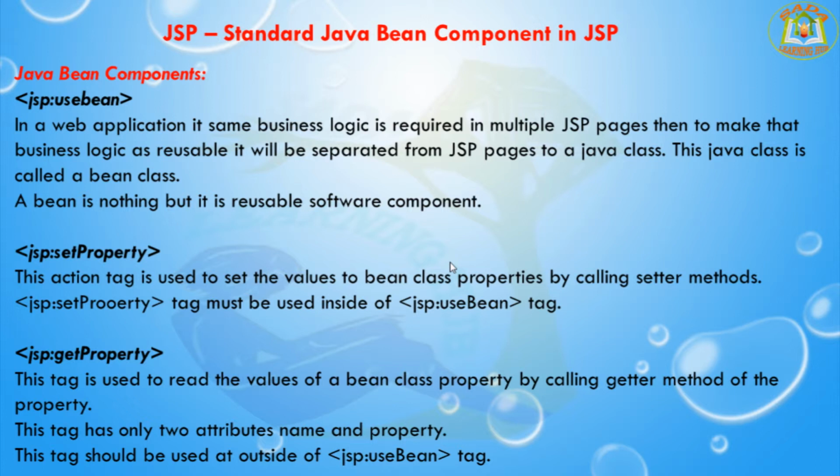See here, finally, regarding the Java Bean components, there are three standard actions. Those are jsp:useBean, which is used to create a Java Bean object; jsp:setProperty, which is used to set the values into the Java Bean and must be used within the jsp:useBean tag; and the final tag, jsp:getProperty, which is used to retrieve the values from the Java Bean and must be used outside of the jsp:useBean tag.